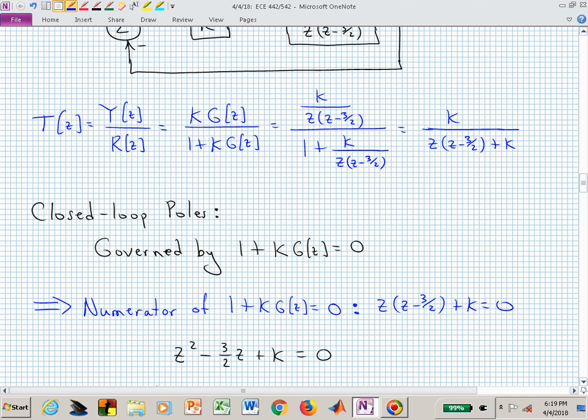So the poles of my closed loop system are obviously influenced by the gain of my controller. However I set that gain is going to influence the roots of that denominator polynomial. That's why control is really adjusting that knob.